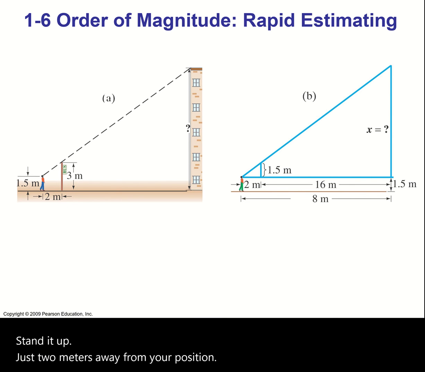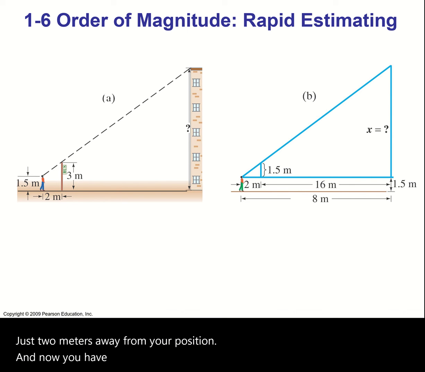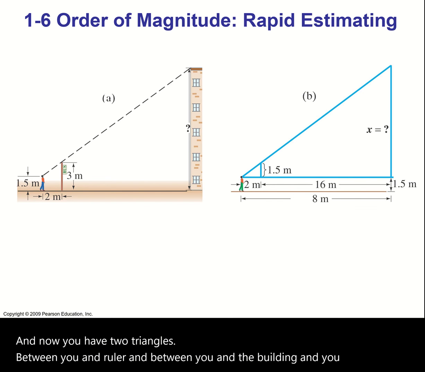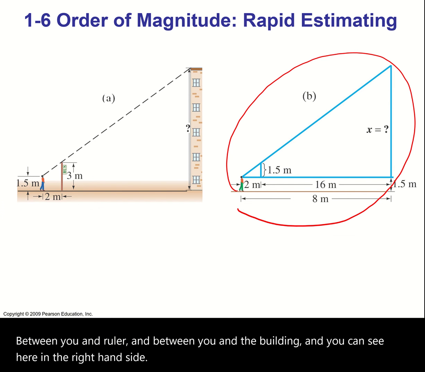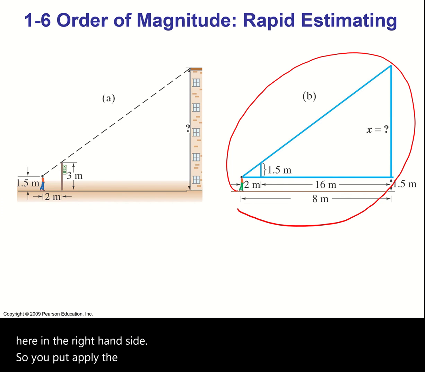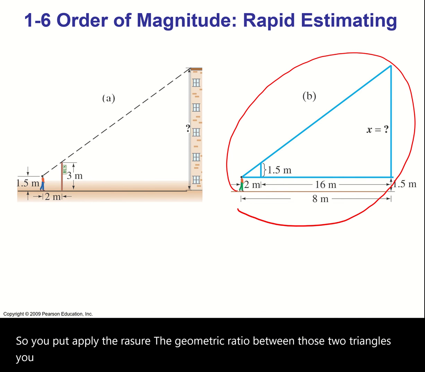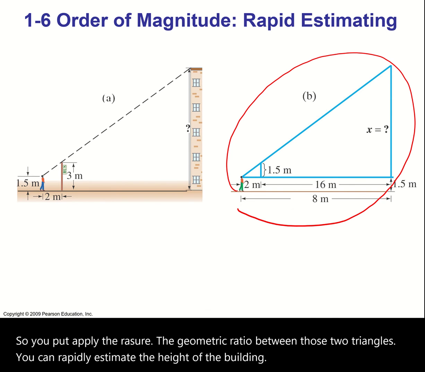Now you have 2 triangles, between you and the ruler and between you and the building, and you can see here on the right-hand side. If you apply the geometric ratio between those two triangles, you can rapidly estimate the height of the building.